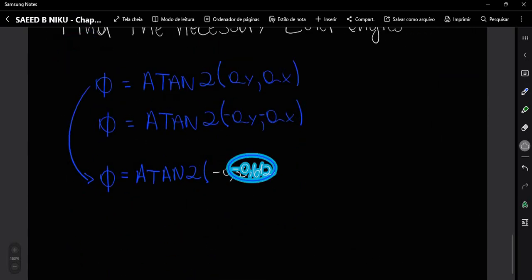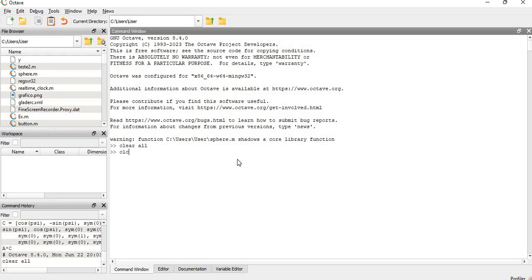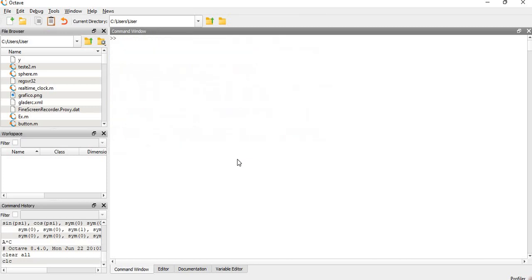And now we can go to Octave and evaluate this operation. Let's clean Octave's memory, typing clear all. Now type clc to clean the command window.